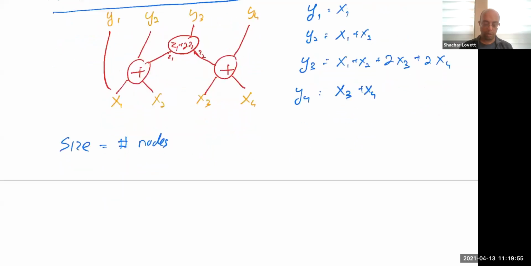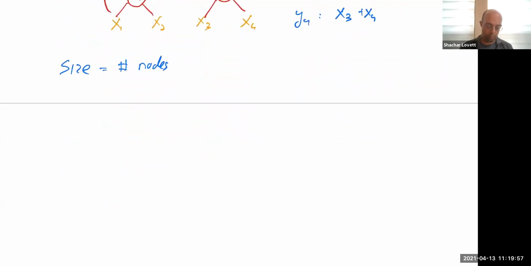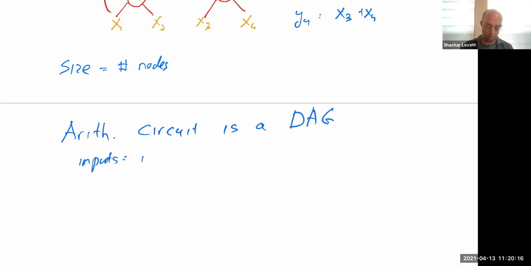So what is the formal definition? An arithmetic circuit is a directed acyclic graph, right? So its inputs correspond to nodes without in edges, like x1, x2, x3, x4 here.